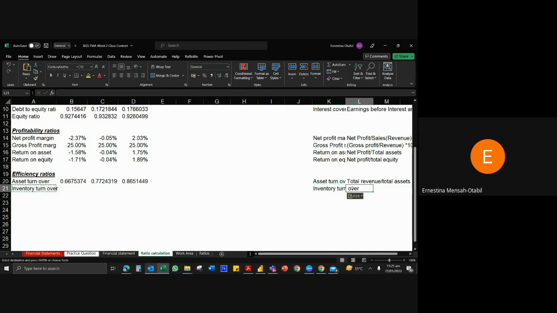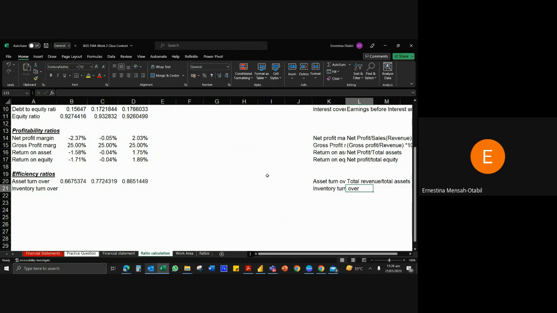Inventory turnover is used to measure how often the company sells or replaces its inventory, so how quickly the company can sell off its inventory and then replace it. If the ratio is high, it means that the company quickly sells off its inventory and then replaces its inventory quickly.